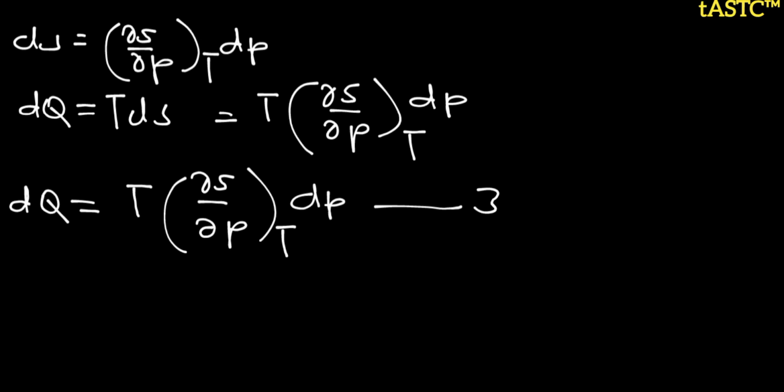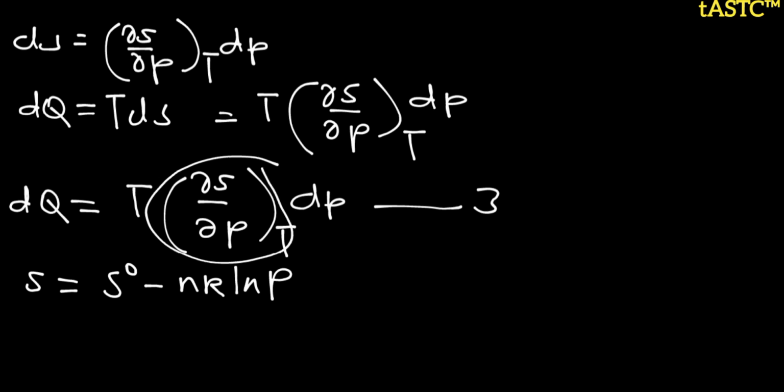Next up, we know that the entropy of a process is equal to the standard entropy minus nR multiplied by the natural logarithm of the pressure. Now, what if we wanted to find the partial derivative of the entropy with respect to pressure at constant temperature? We purposefully want to do that because we actually want to find this term.